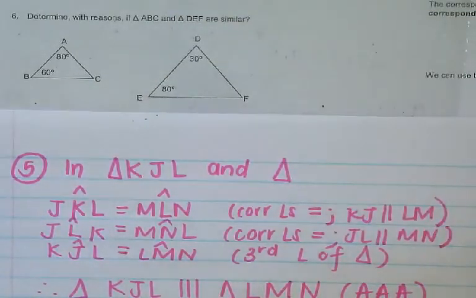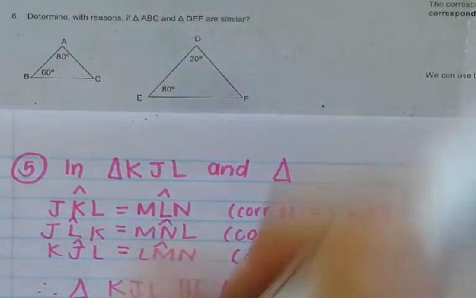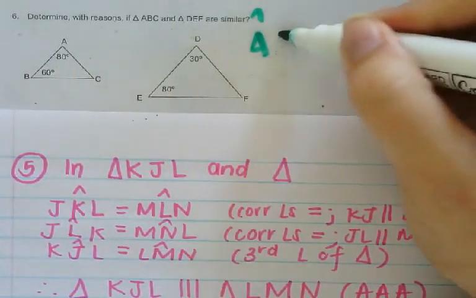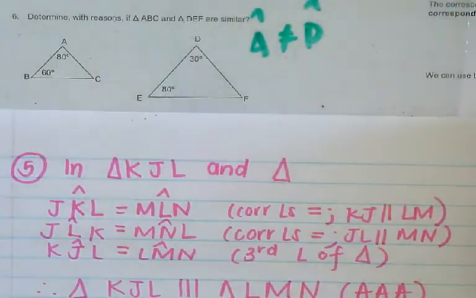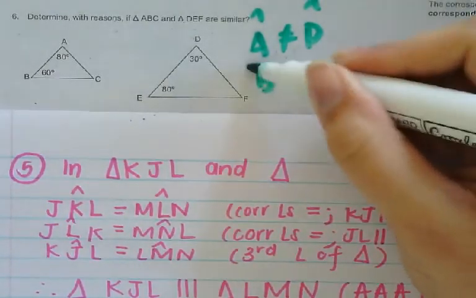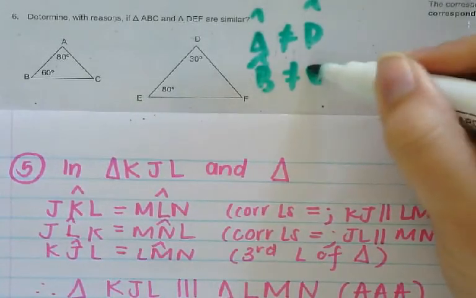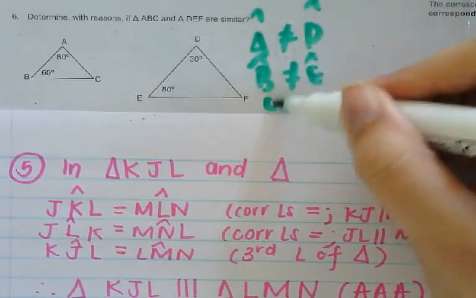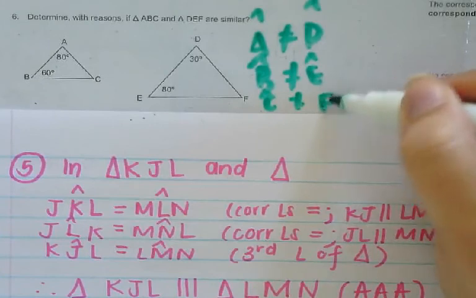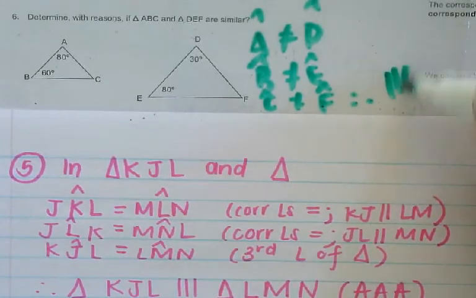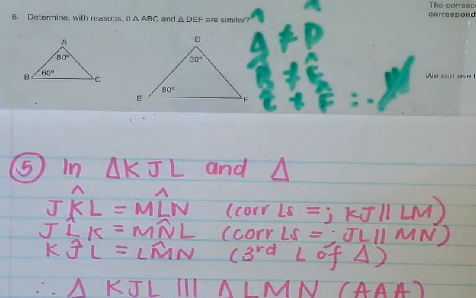But she wants to know with reason, so we would say A is not equal to D. B is not equal to E. And C is not equal to F. Therefore, not similar.